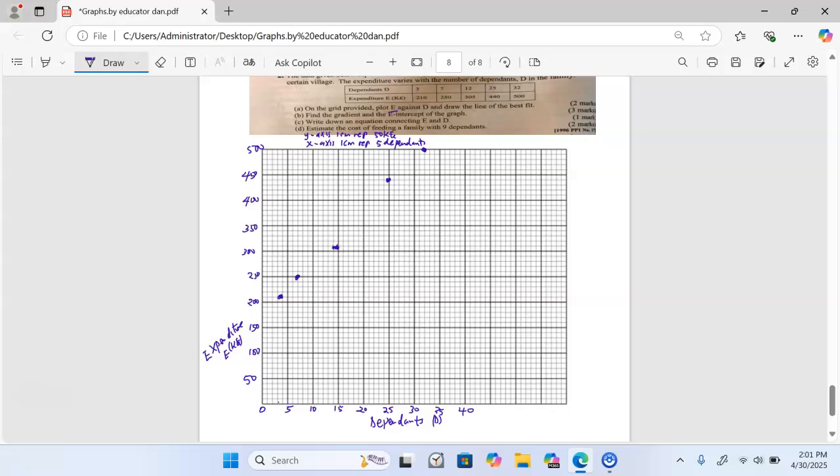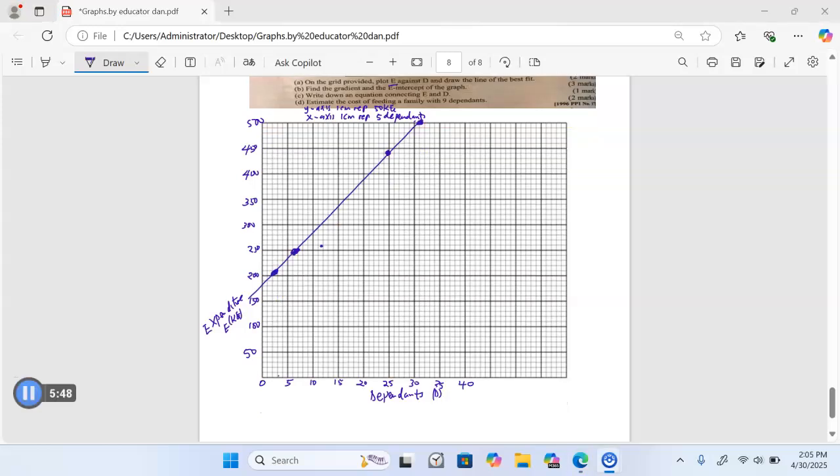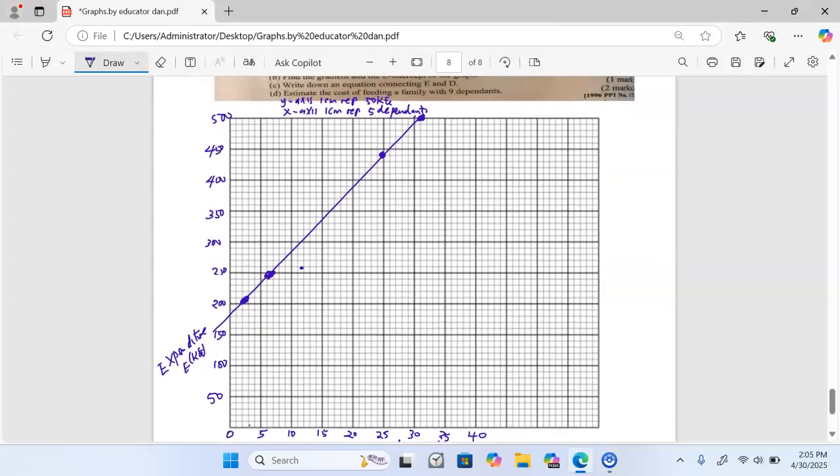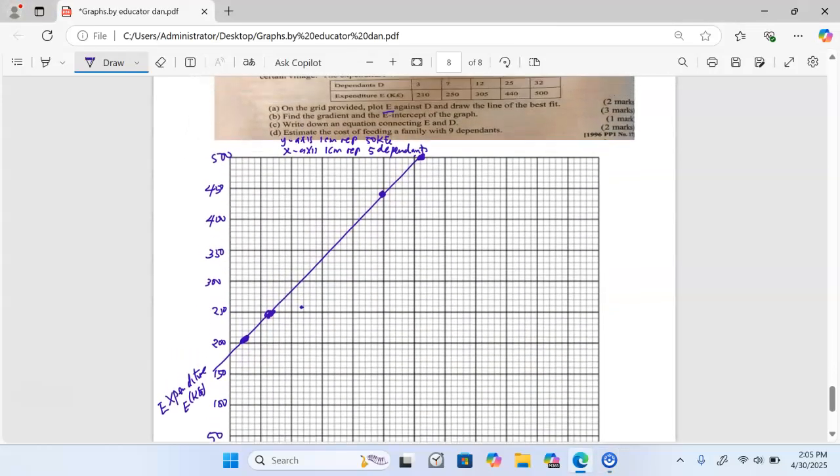Once we have all our points plotted, we can join them so that we get our line of best fit. Then from there, we are able to answer the questions that we have.